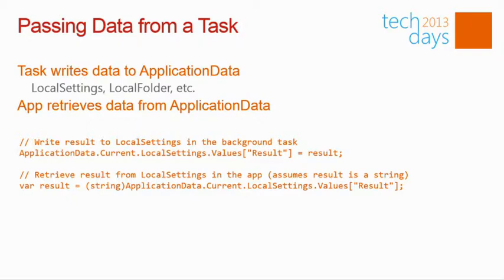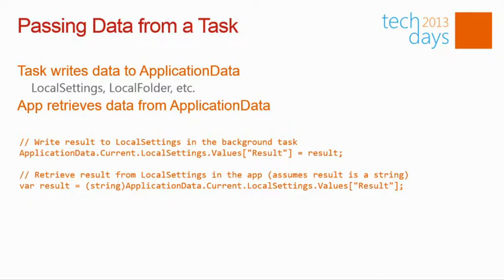So in your background task, if you've done some computational work that you want to make available to the app itself, you write it to application data. Then, the next time your app starts up, you check application data to see if the data is there. If it is, then you read it out of application data. So, the mechanism that we use to pass data from a background task over to an application when it runs is application data. There is no direct pipeline, no IPC mechanism like a named pipe that would connect the two.